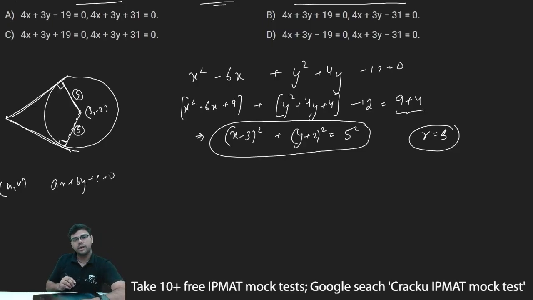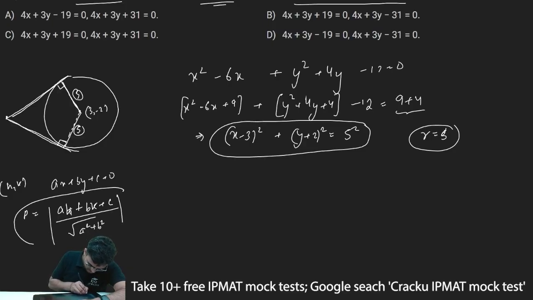So from this point h comma k to this line ax plus by plus c is equal to 0, the length of the perpendicular, let's say p, is given by mod of ah plus bk plus c divided by under root a square plus b square. So this is how you find out the perpendicular distance from a point h comma k to a particular line ax plus by plus c is equal to 0.